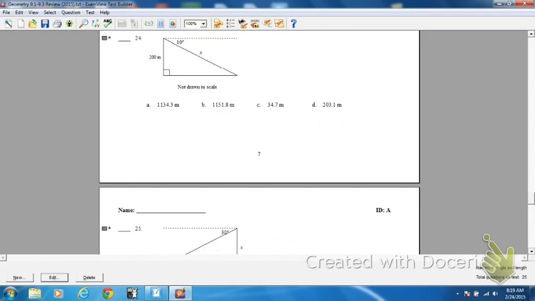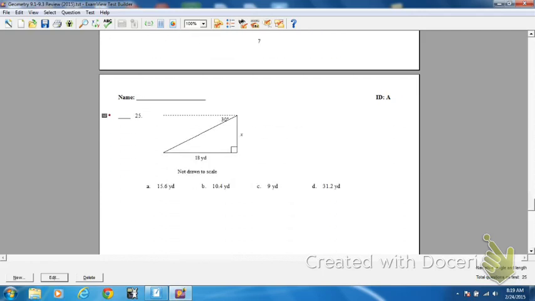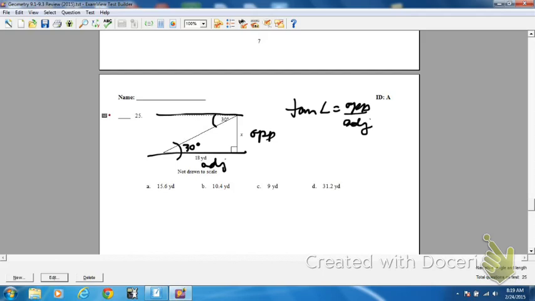And the last one, really same kind of problem as 24. You can see your horizontal lines and alternate interior angles are congruent, so this is going to be 30. And we have opposite and adjacent sides, so we're going to use tangent. And number 25, the answer is B, 10.4 yards.